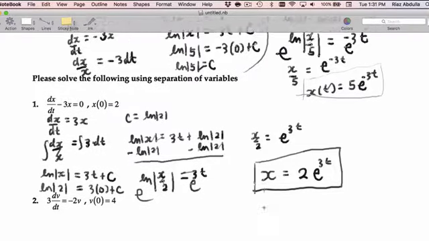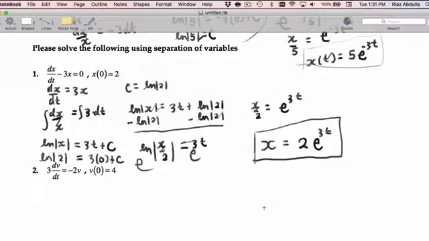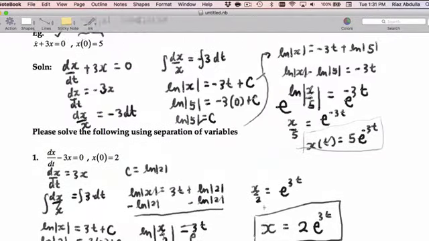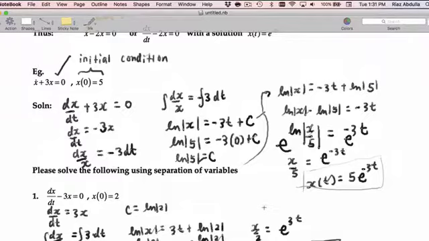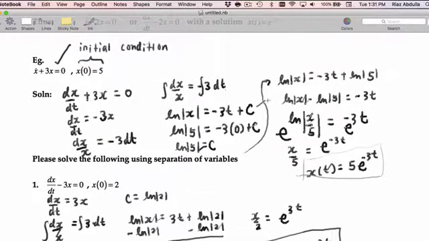All right. Similarly, let's take a look at number 2. You might notice there are a couple things you can predict if you look at these answers. Like you notice here, we end up getting e to the negative 3t, so it's kind of the opposite of the sign here, and this is 5 right there.